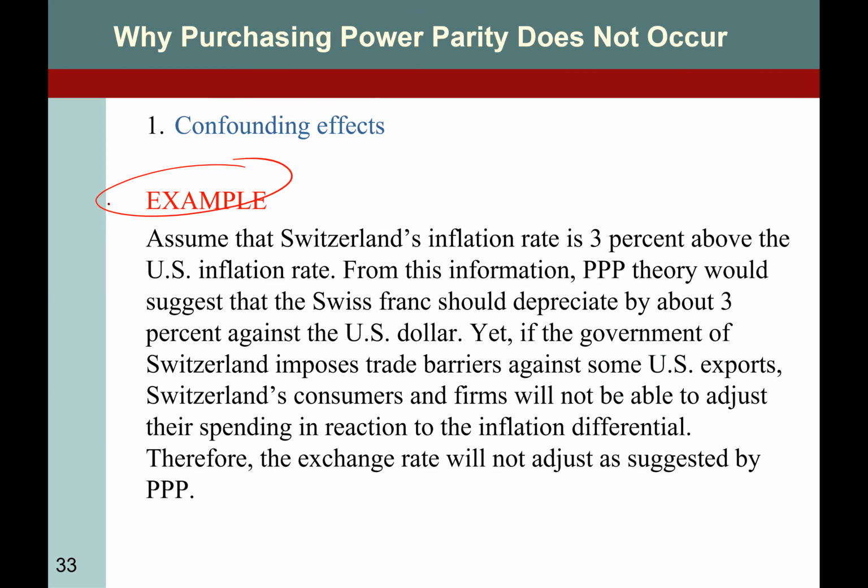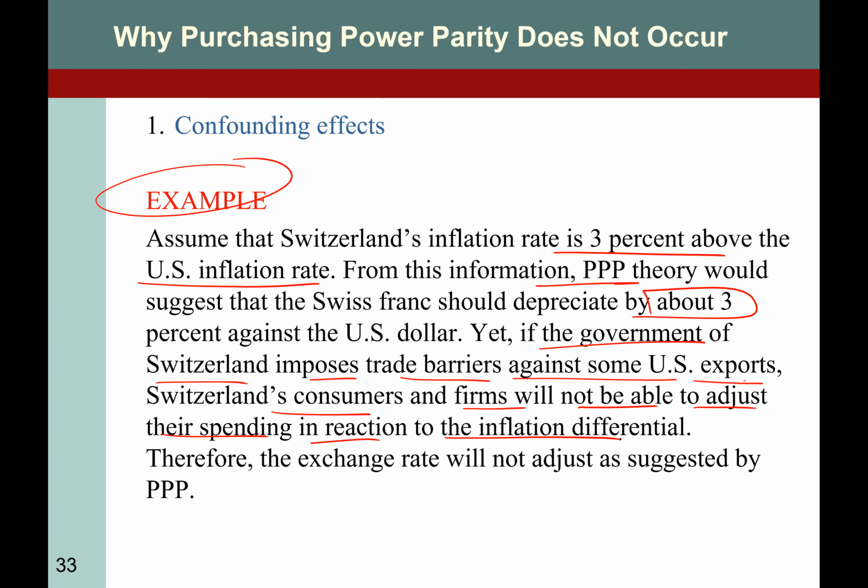So examples include: assume that Switzerland's inflation is 3% above the US inflation. Technically, if purchasing power parity holds, it means that the Swiss franc should depreciate by about 3%. Yet, if the government of Switzerland imposes trade barriers against some US exports, Switzerland's consumers and firms will not be able to adjust their spending in reaction to the inflation differential.